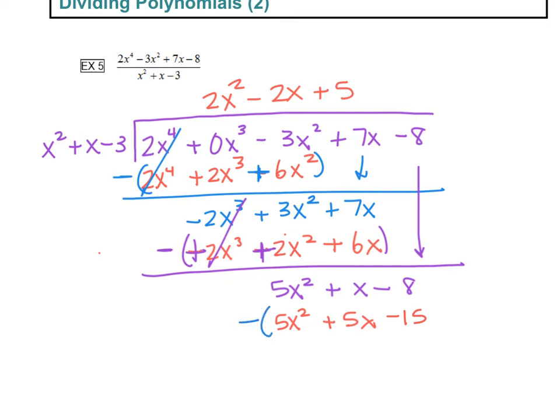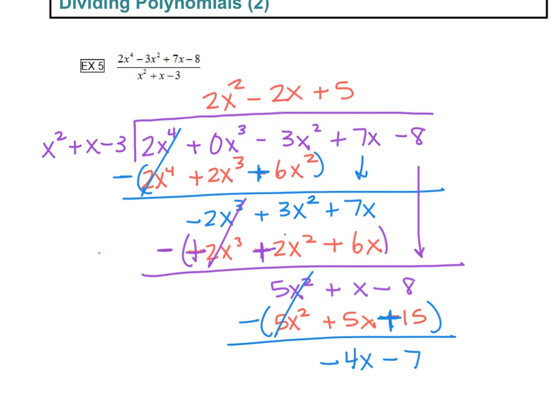Now we're going to subtract this whole thing. 5x squared minus 5x squared cancels. X minus 5x is a negative 4x. And negative 8 minus a negative 15, there's that minus a negative, becomes plus 15, so negative 7.